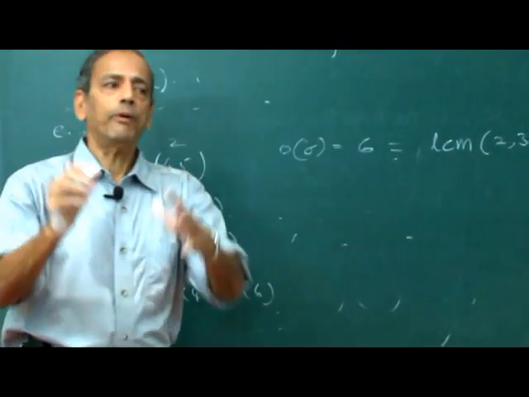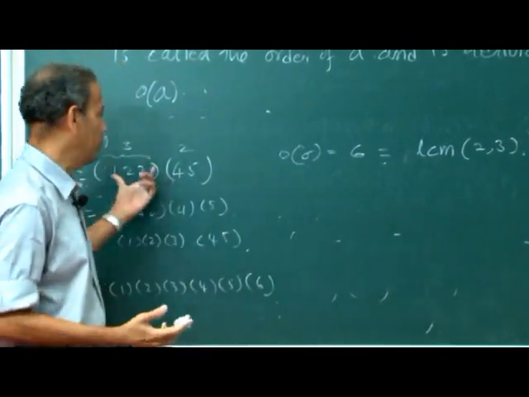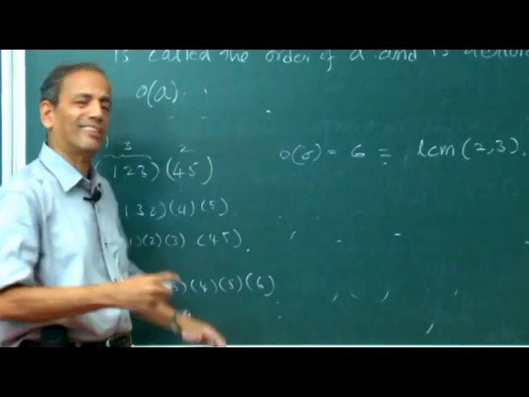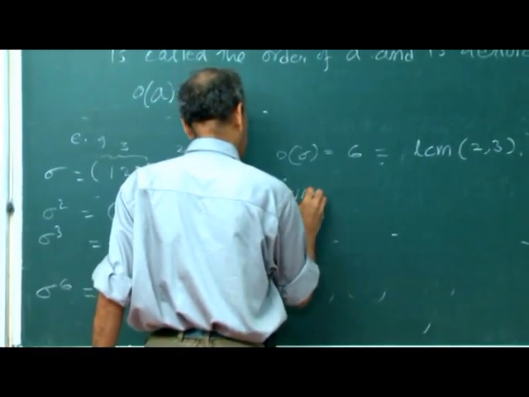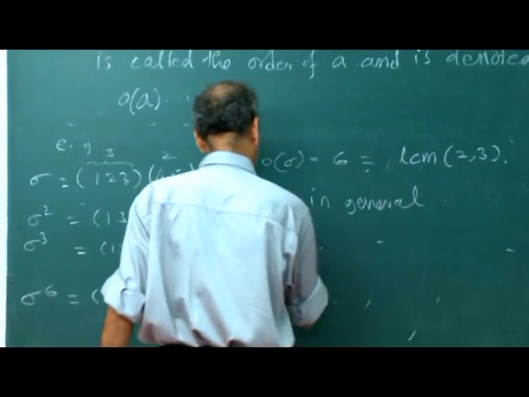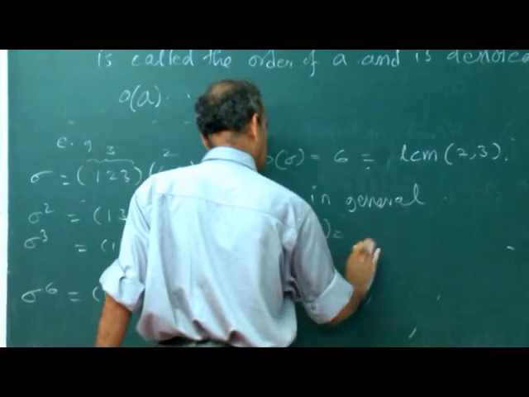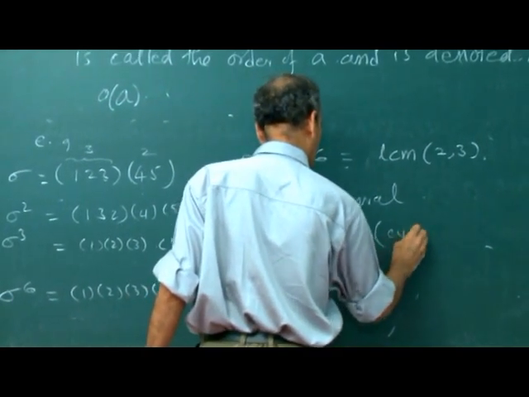So if you are given a permutation in cycle form, then order of sigma is LCM of all cycle lengths. So thus, in general, order of sigma is LCM of the cycle lengths.